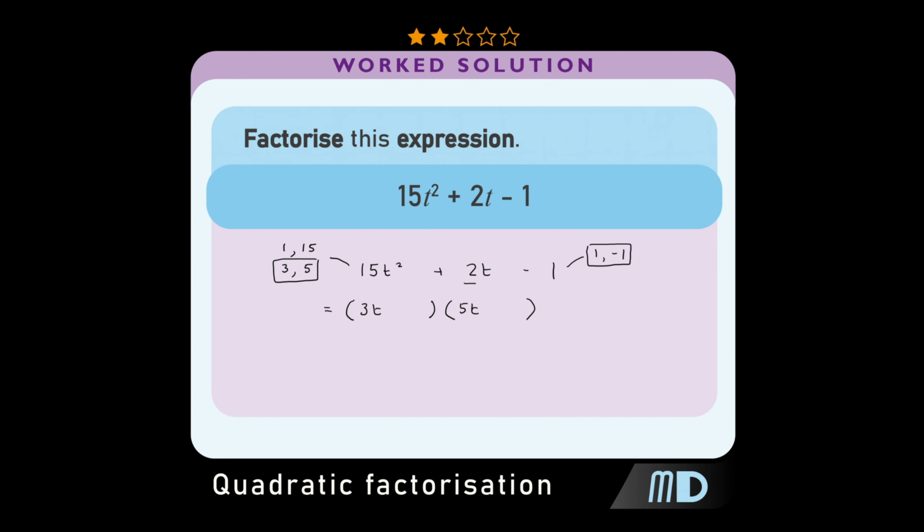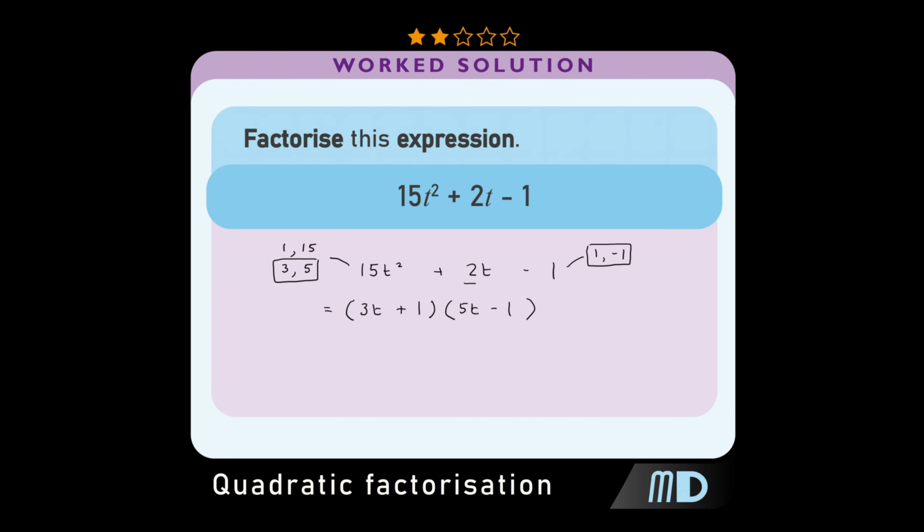Subtracting 3 from 5 gives us 2, which means 3 must be multiplied by minus 1. So we need a 1 in the first bracket and minus 1 in the second. That gives us the factorized expression, the product of two binomial expressions, 3t plus 1 multiplied by 5t minus 1.